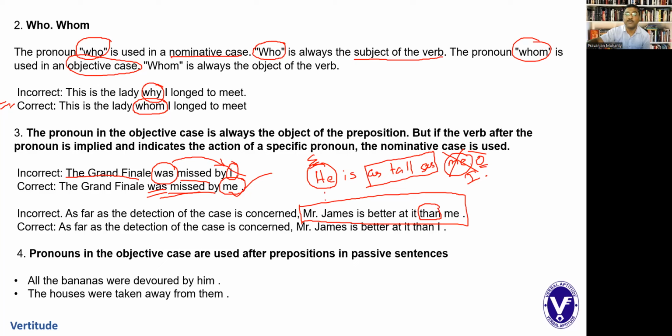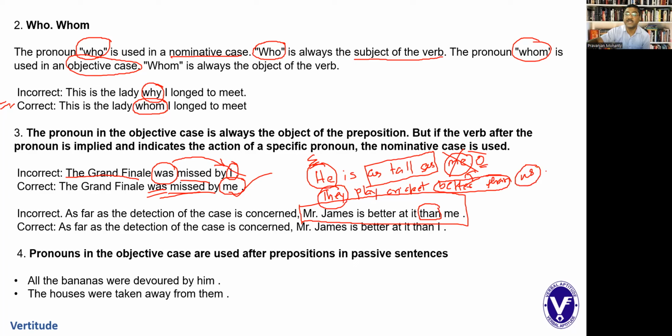अगर मैं बोलता हूँ, they play cricket better than us. Now यहाँ पे comparison है, better than. और यहाँ पे subjective. They is a subjective case because इसके बाद में हम लोग verb डाल सकते हैं. Then us.